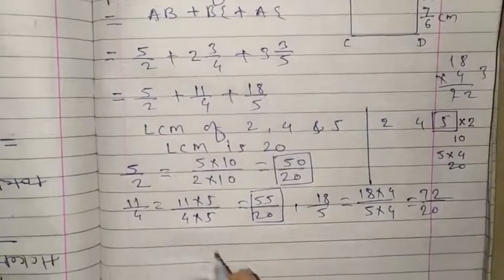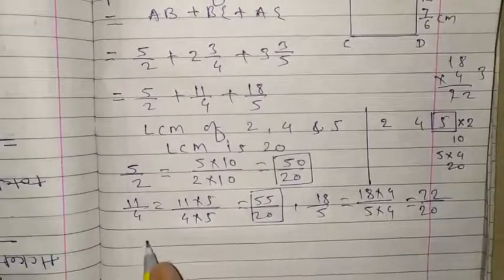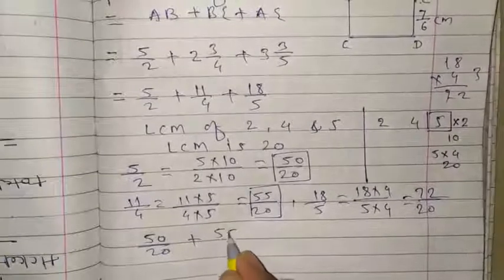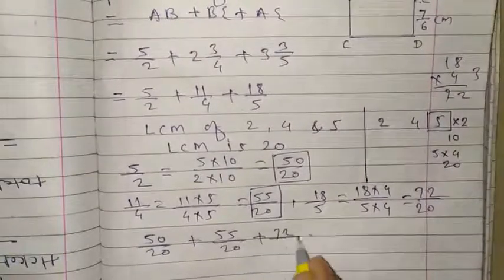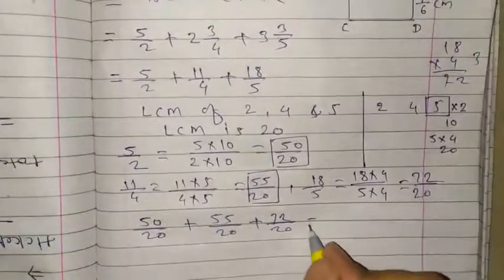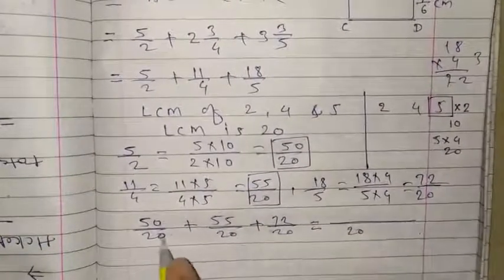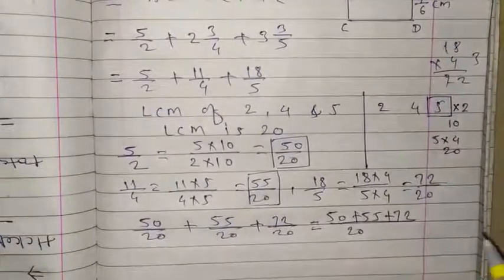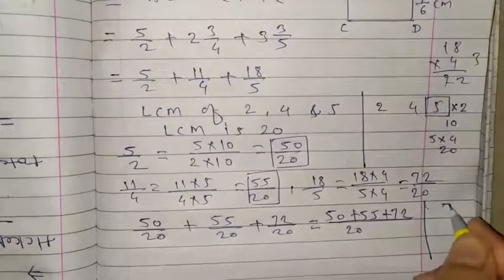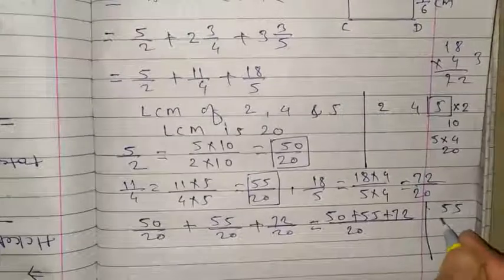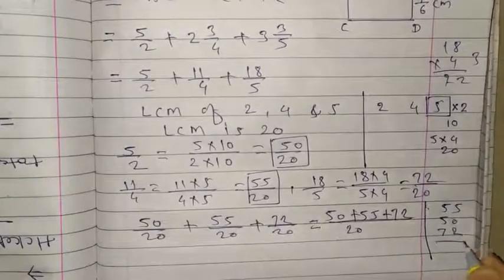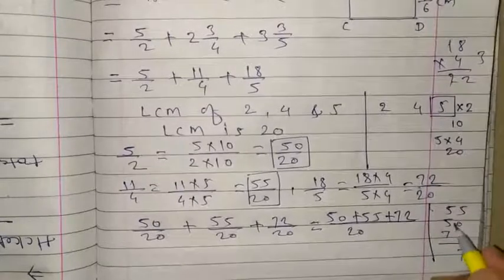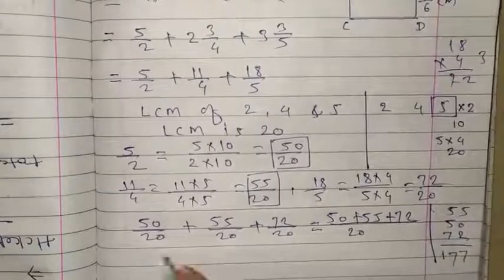So finally we are ready to do the addition. First value was 50 by 20 plus 55 by 20 plus 72 by 20. So it is 20 in the denominator, and here you do the addition of 50, 55 and 72. 5 plus 2 is 7, 5 plus 5 is 10, plus 7, 177.